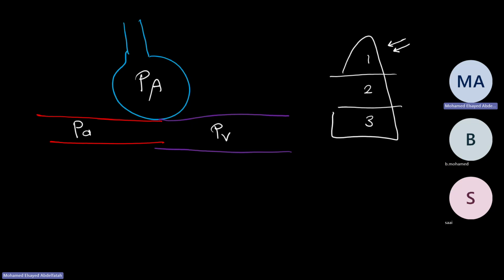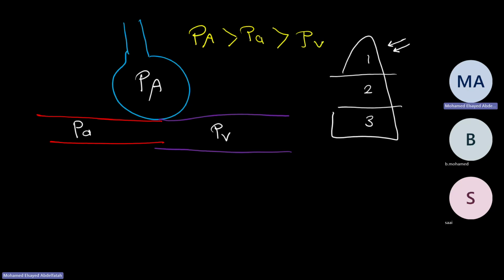So in zone 1, the alveolar pressure is high, and it is higher than the pulmonary arterial pressure, which is normally higher than the pulmonary venous pressure.